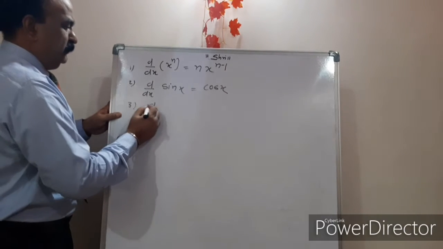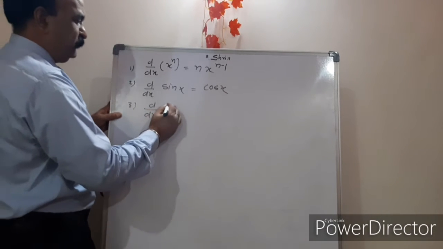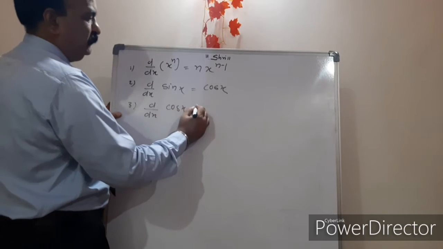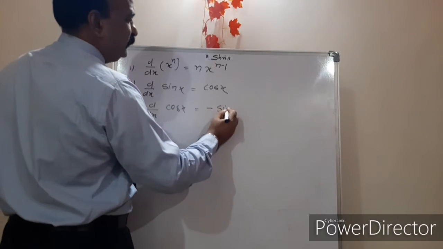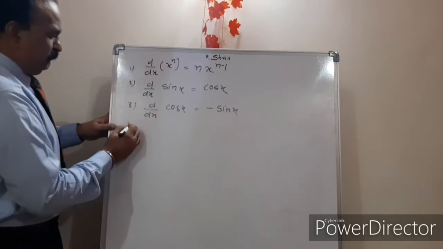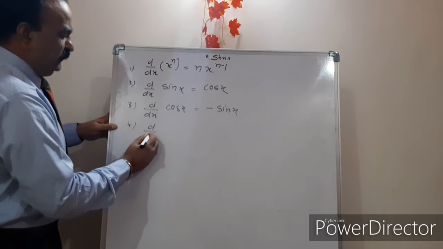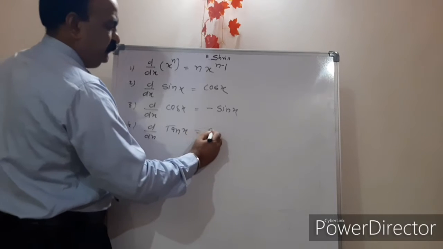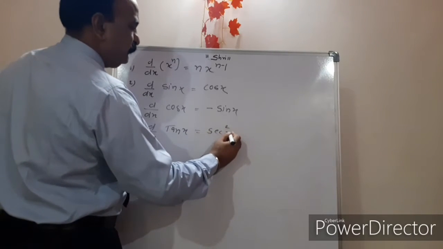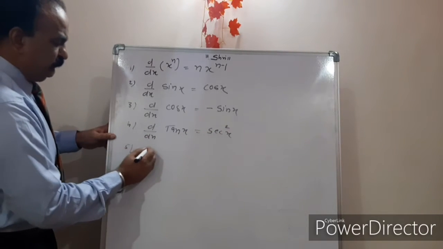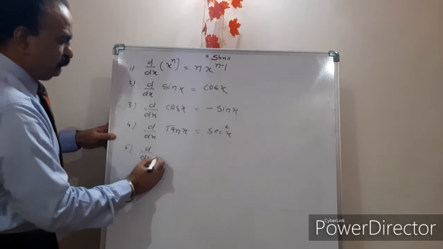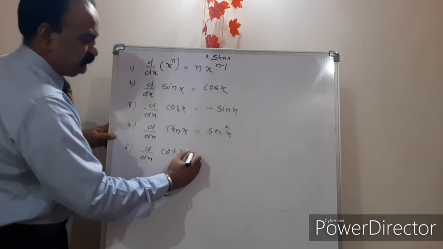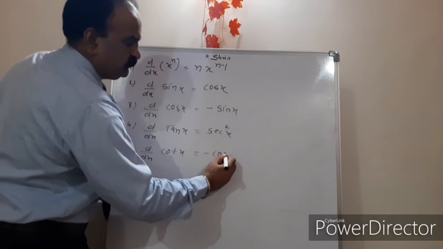Number 3. d/dx of cos x is equal to minus sin x. Number 4. d/dx of tan x is equal to sec square x. Number 5. d/dx of cot x is equal to minus cosec square x.